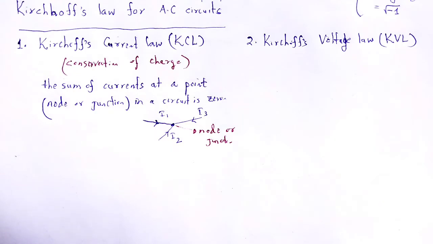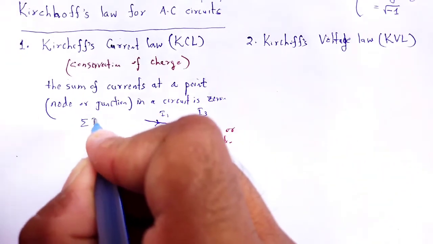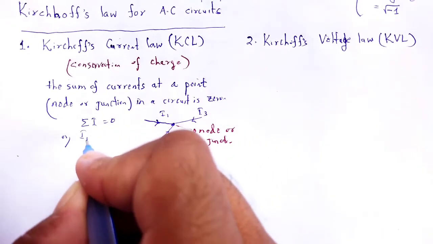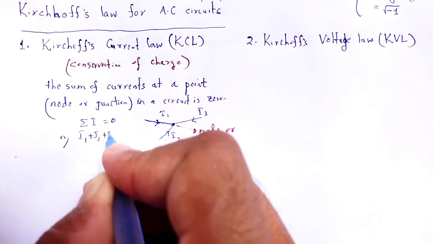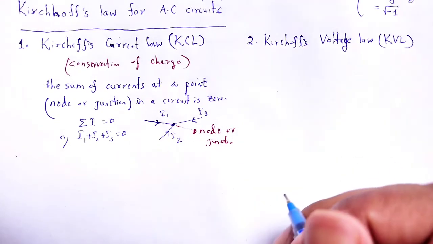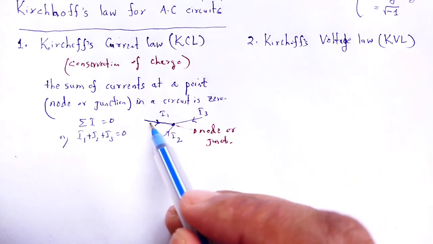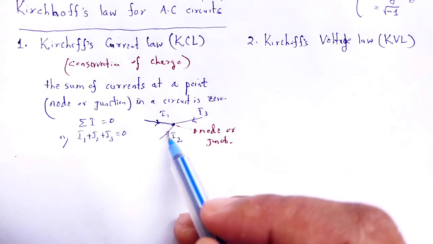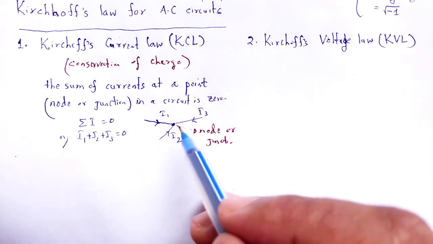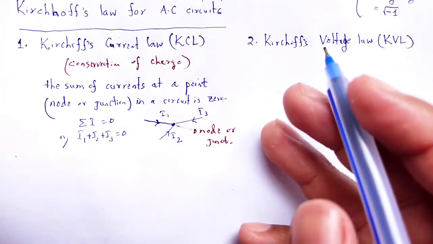So the sum of these currents, summation of I, is equal to 0, or I1 plus I2 plus I3 is equal to 0 here. Currents towards that point are taken as positive. If there is a current leaving that point, it will be taken as negative.